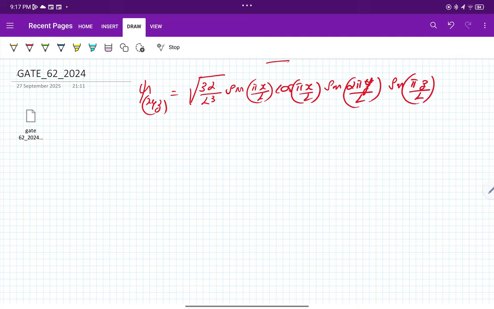On carefully examining this wave function, we can see that this is nothing but the wave function of a particle in a three-dimensional box.